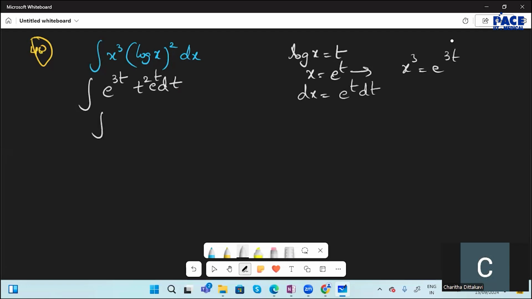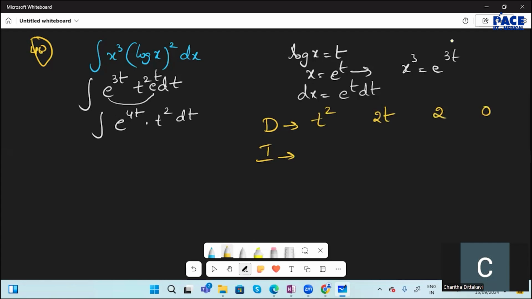Finally, e power t into e power t, which is e power 4t, into t square dt is what I have. Now think about e power 4t and t square. Again I can go with my shortcut process: differentiable factors and integrable factors. Differentiable: t square, 2t, 2, with a 0.